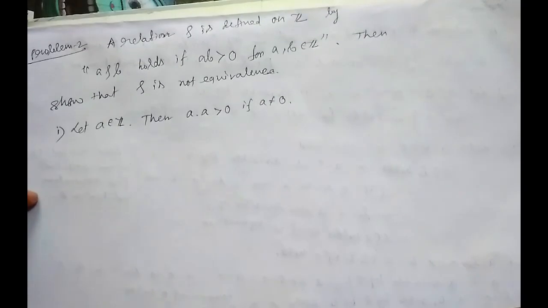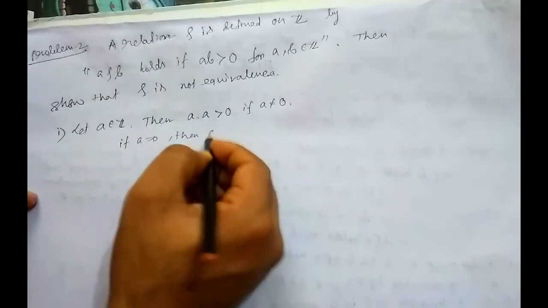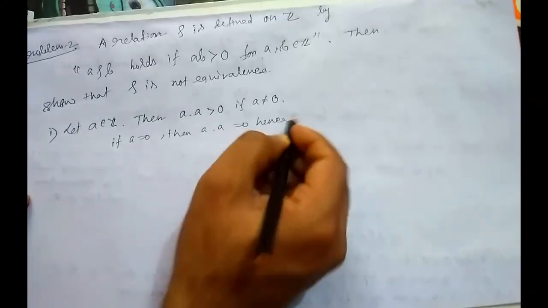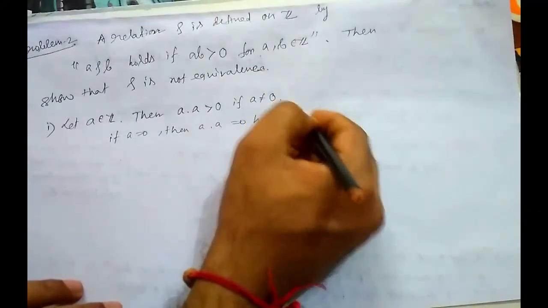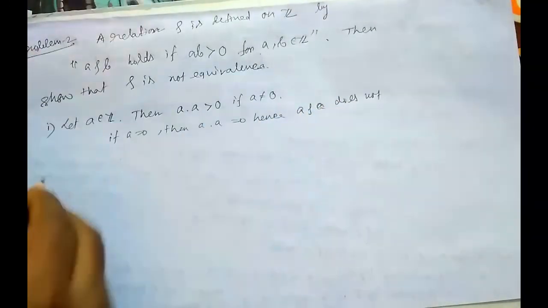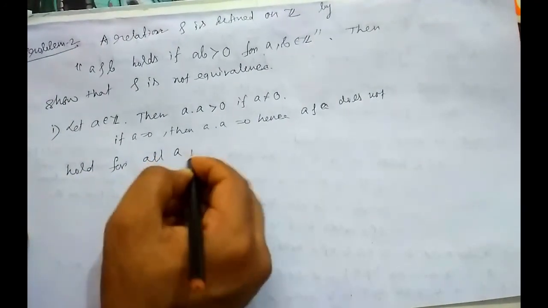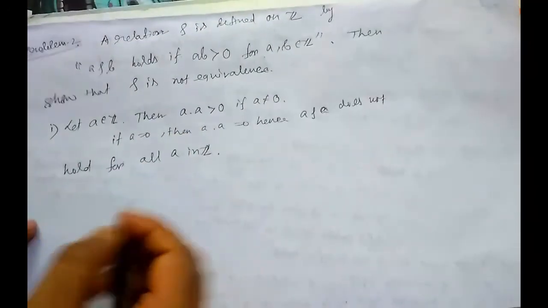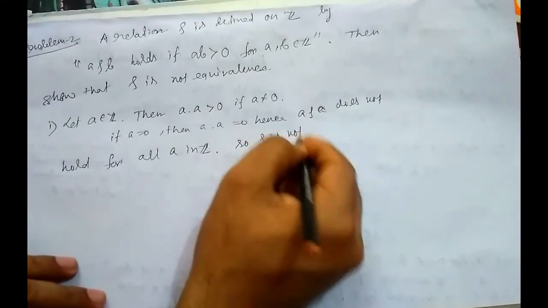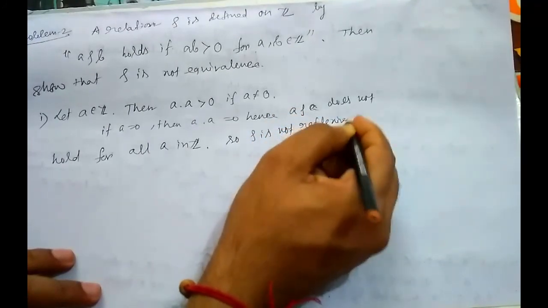So if a equals 0, then a times a equals 0, hence a rho a does not hold for all a in Z. So rho is not reflexive.